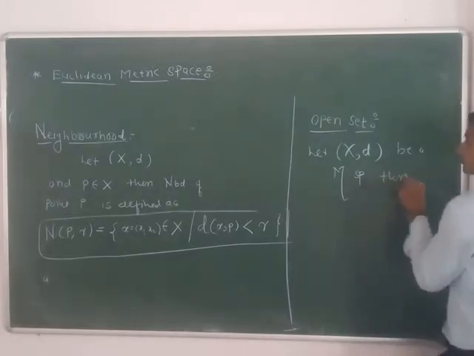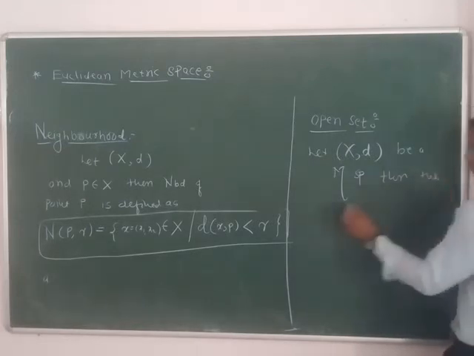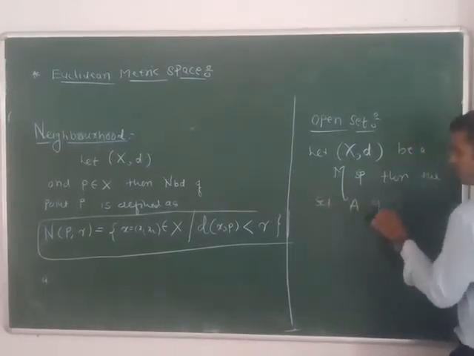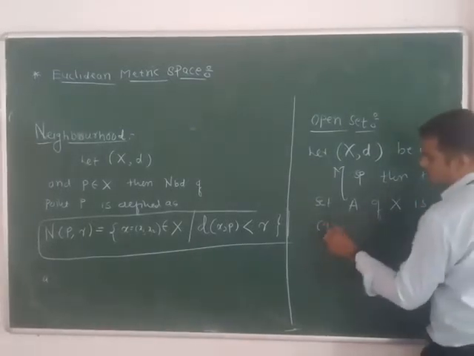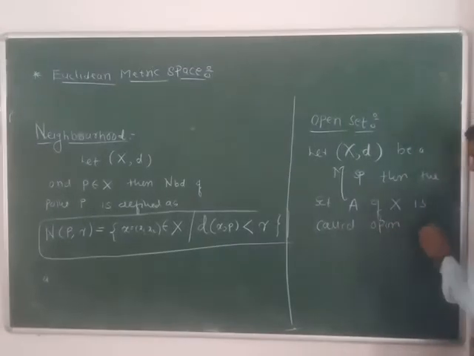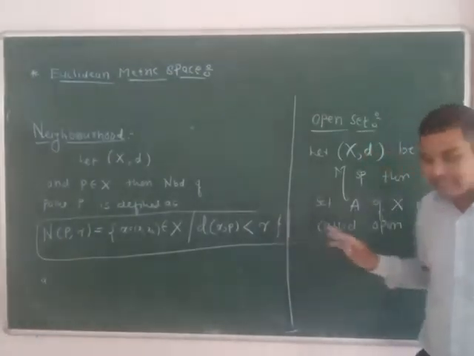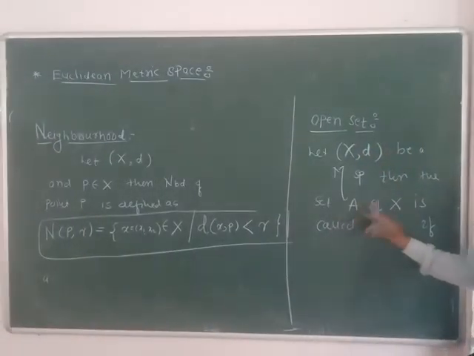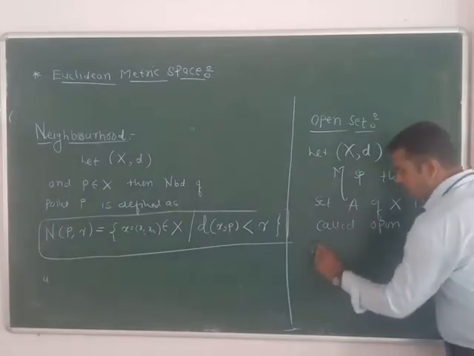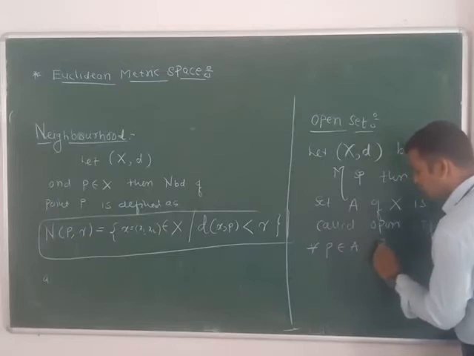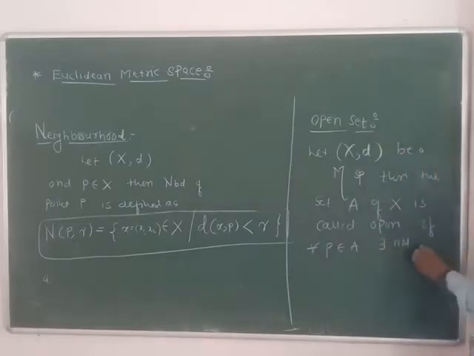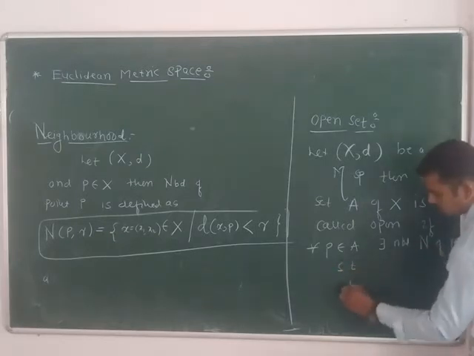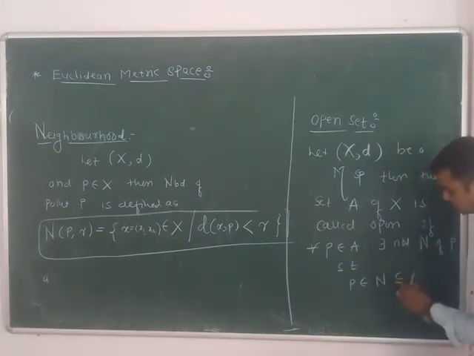Then the subset A of X is called open if there exists a neighborhood for each and every member of this set A. That is, if for all P belongs to A, there exists a neighborhood N of P such that P belongs to this neighborhood and this neighborhood is a subset of A.